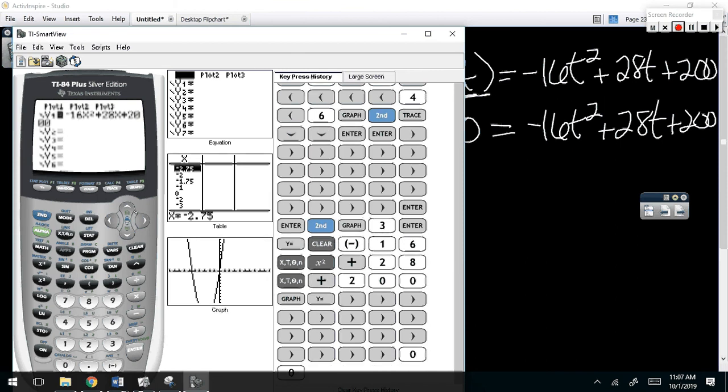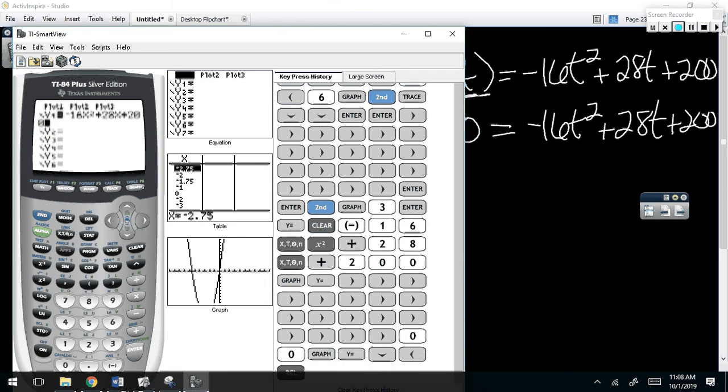All right, I want you to think about a couple of things. First of all, you know enough about quadratics by now to know that 200 is going to be my y-intercept, right? So it's not crossing until way up at 200. Also, it's going down because it's negative. So my vertex, my maximum, is somewhere way up there. I don't need that for this problem, and I don't even need to adjust my window.